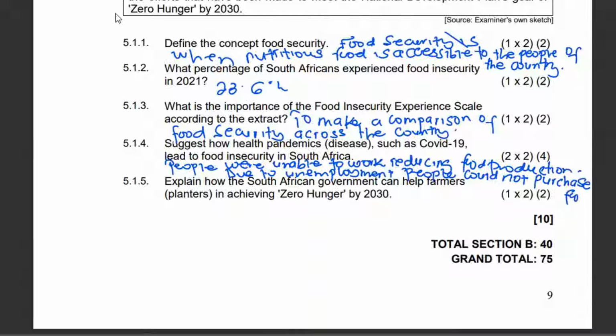Okay. Then explain how the South African government can help farmers, or you can call them planters, in achieving zero hunger by 2030.